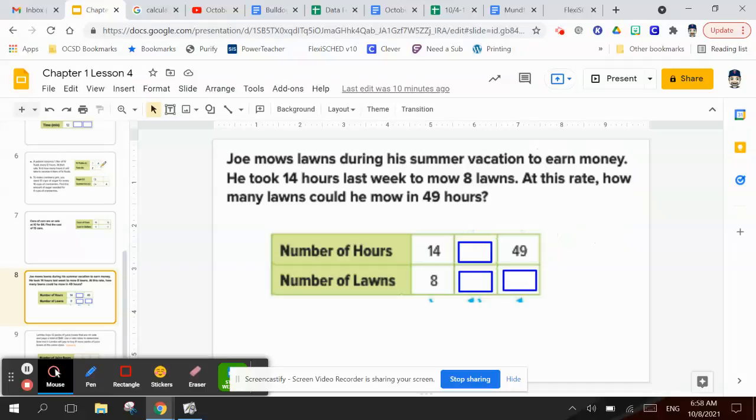Let's look at another example. It says Joe mows lawns during his summer vacation to earn money. He took 14 hours last week to mow 8 lawns. At this rate, how many lawns could he mow in 49 hours? So, again, there's my middle box as I set up my table.